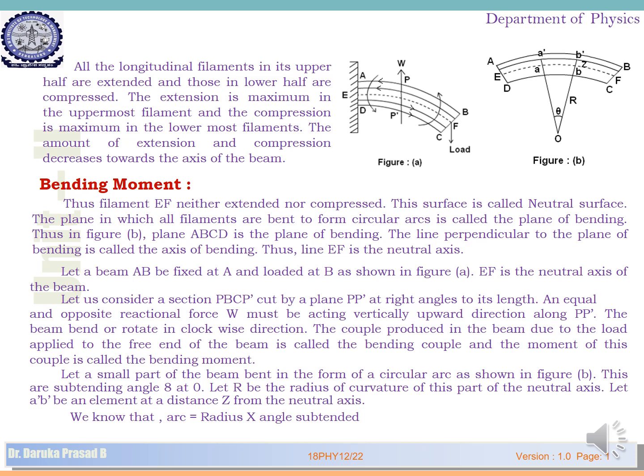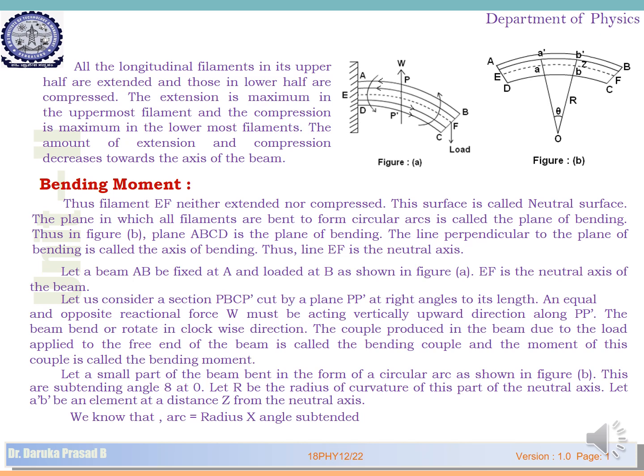If you observe figure B, the cross-sectional view of the beam is shown with arcs, and you can consider the center of curvature for these arcs. From the center of curvature, if you draw lines to get the radius of curvature for the neutral axis EF and for the extended axis AB, they cut the neutral axis and the extended axis at AB and A dash B dash.